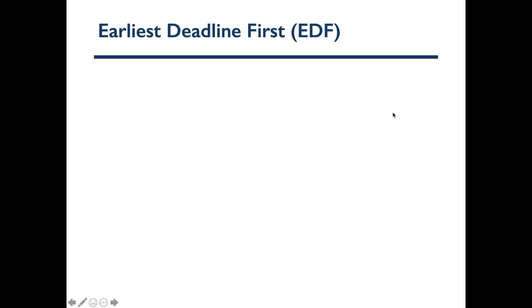Before I get started with the lectures, there was one really good question posted on Piazza that I think is worth mentioning during the lecture. Let me go back to the slides where we talk about different scheduling policies.